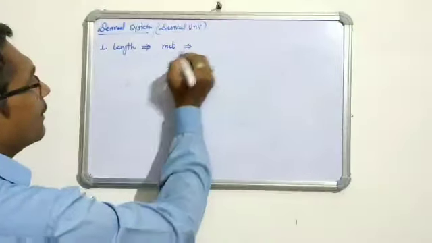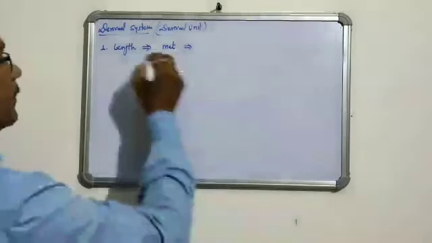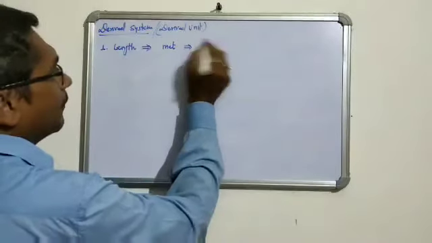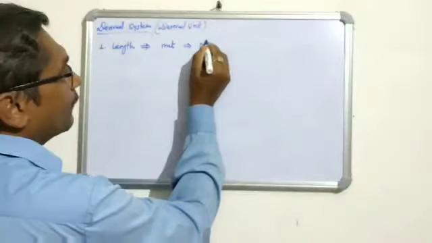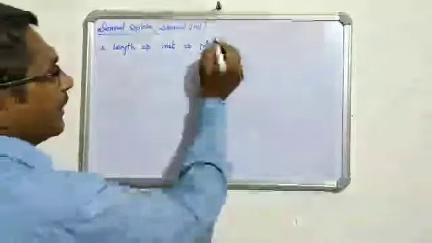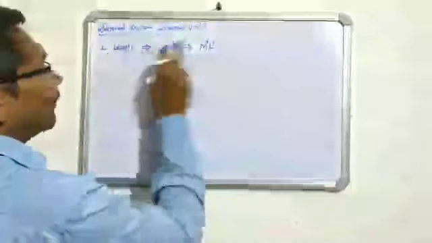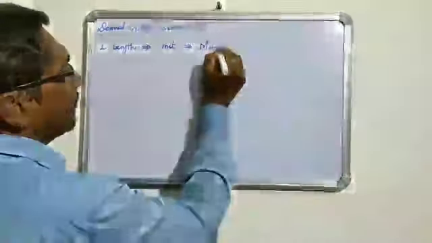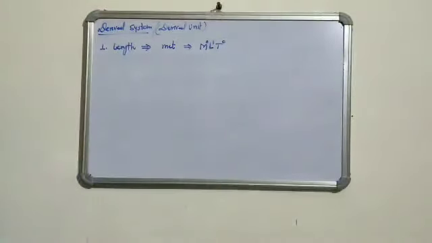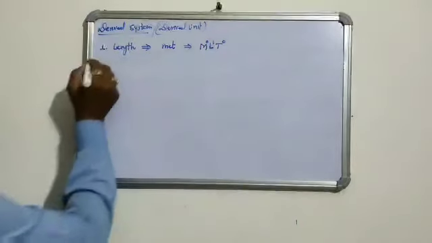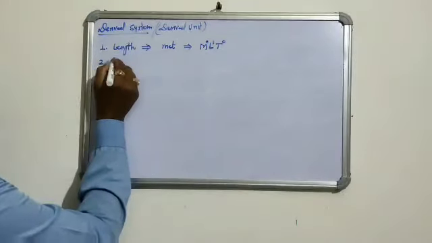Its dimensional formula, which can be represented by symbols, is L, because length is denoted by L. Here there is no mass, so we write 0. Length is only 1, so power 1, and there is no time, so time is 0.